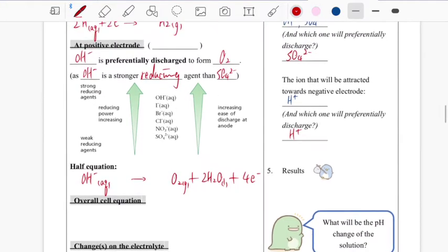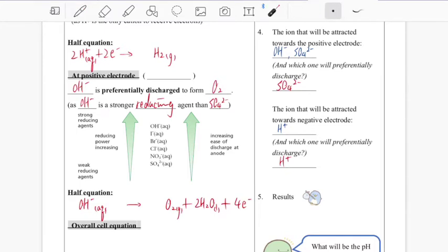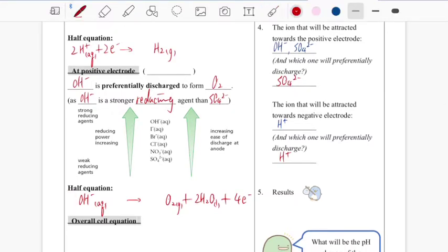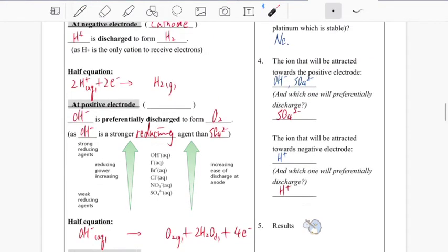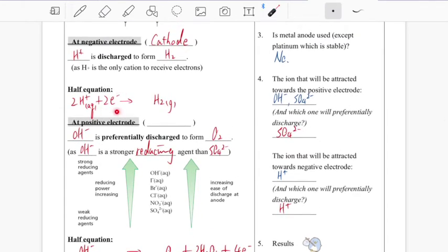In order to get the overall equation, we just need to add the 2 half equations, this one and this one. So combine the 2 equations. Remember the first half equation, happening at the negative electrode, only gains 2 electrons. However, the one at the positive electrode loses 4 electrons.